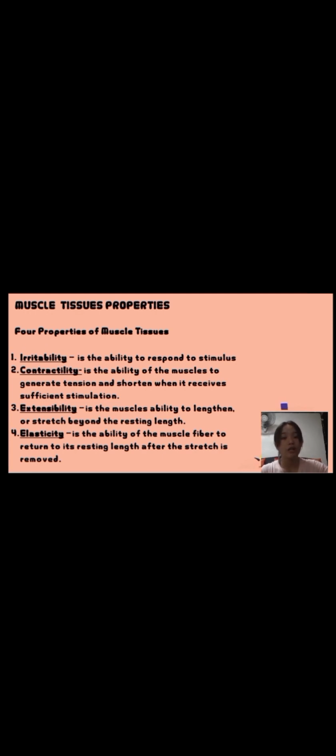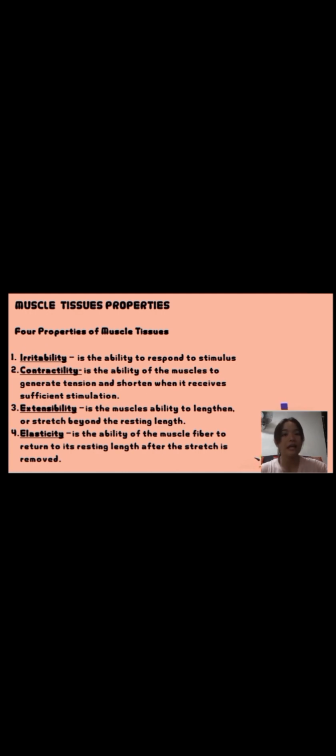The third one is extensibility. It is the muscle's ability to lengthen or stretch beyond its resting length. Being extensible means a muscle can be stretched without damage by the application of force. Kanang flexible ang lawas ba.